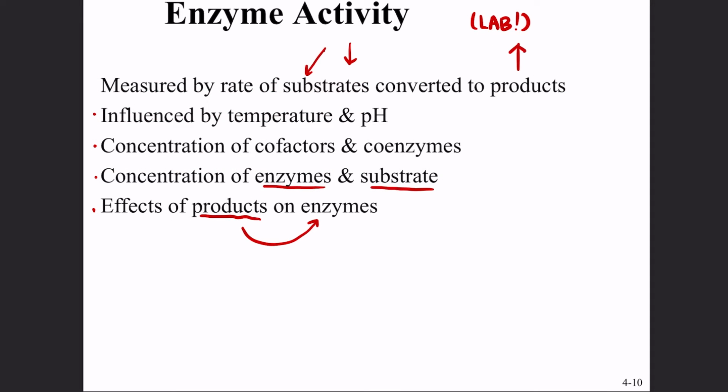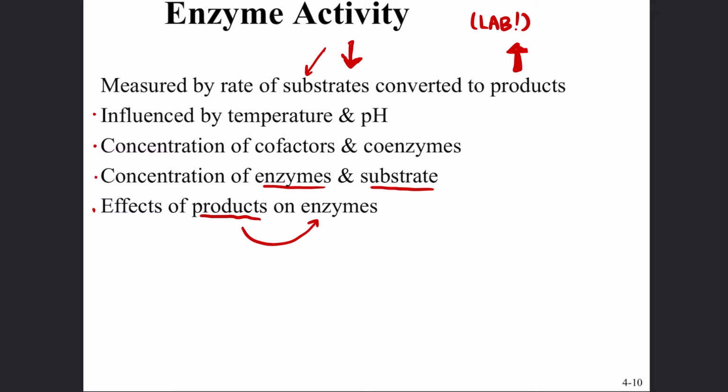Enzyme activity can be measured. First, you can measure the rate of substrate decreasing, or you can measure the rate of products increasing. And this is actually something that you might be doing in lab. They can be affected by temperature and pH.